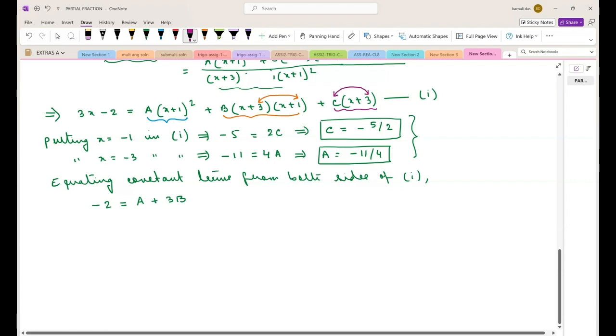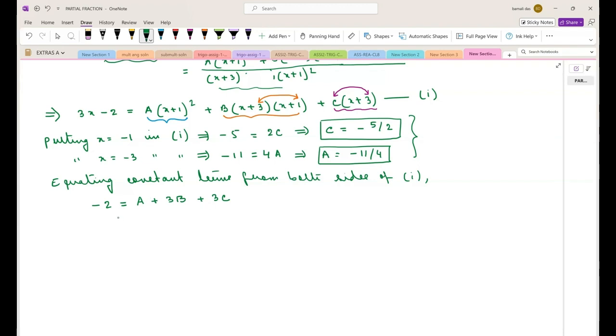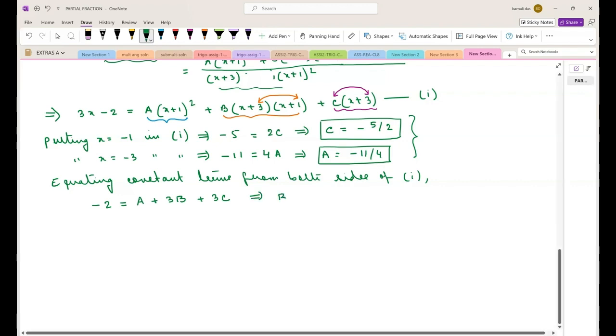That is 3c. So you get a new relation of which you already know the values of c and a. So you can find the value of b. If you calculate it, probably b will be 11 by 4. So this is how we get all the three constants.